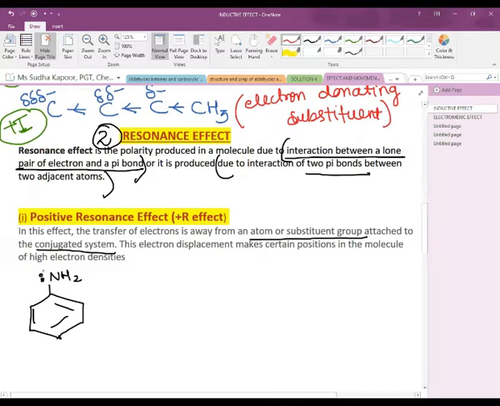We can see that the lone pair starts moving to the position between the carbon and nitrogen. But as soon as this lone pair becomes a bond pair, the carbon attached to nitrogen shows a valency of 5. So in order to get stabilized, it shifts this pi bond onto the next carbon atom. So a continuous shifting is taking place.